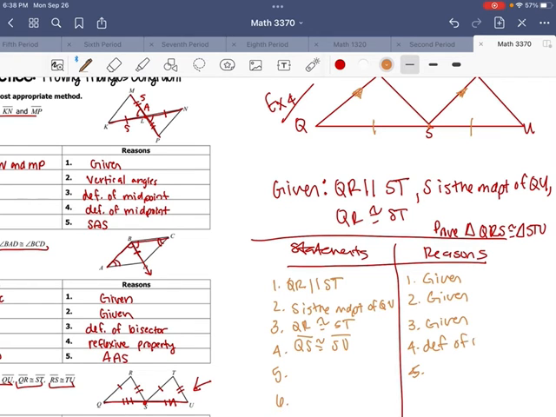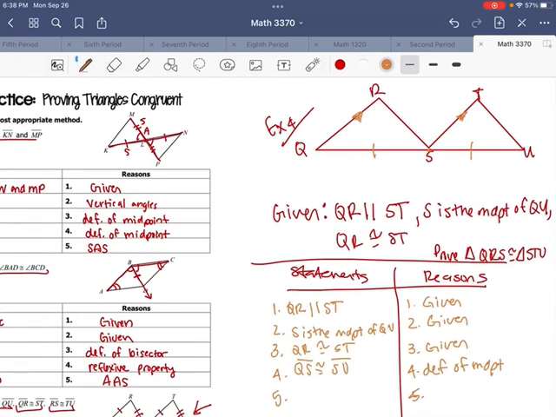Okay, now number 3 says QR is congruent to ST, so I'm going to mark this congruent, and that's all it gives us. So then we're going to use the fact that we have parallel lines. If we have parallel lines, that's a hint that we need to look for alternate interior angles, corresponding angles, alternate exterior, all that kind of thing. Well, if these are my parallel lines, I can say that this angle is equal to this angle because they are corresponding angles.